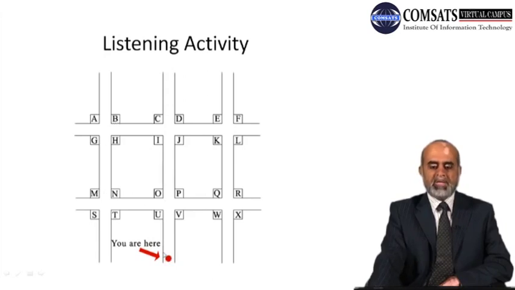Okay? I repeat, you are going to listen to an audio in which a person is going to direct you from here, from this red spot. You follow the directions, and after listening to this audio, you will tell me where you arrive, whether you arrive at H, whether you arrive at P, whether you arrive at D. So where exactly you arrive after following the instructions.